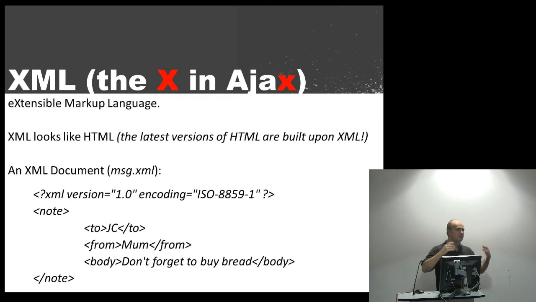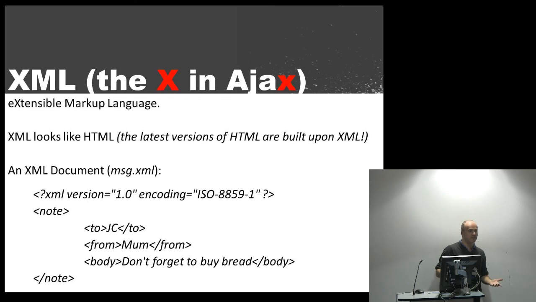Here is an XML file, and the structure of the XML file is: I have something which is called note, which has 3 fields: to, from, and body. And then you can parse any XML files following those constraints, and you can extract all the data almost automatically.